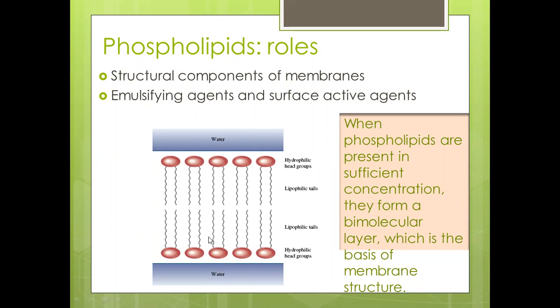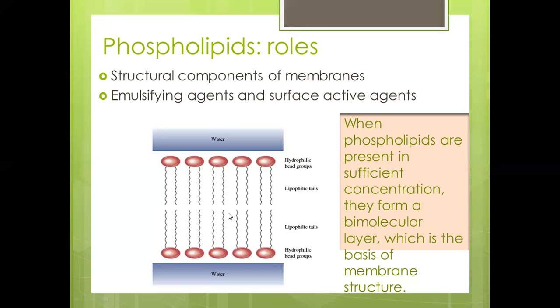There are channels in between that allow the transport of ions and some molecules from the outside of the cell membrane to the inside. The cell membrane encloses all the components of the cell, for example the cytoplasm and all the other organelles inside the cell, what you learned in chapter 1 of your biology. So this is the role of the phospholipid.